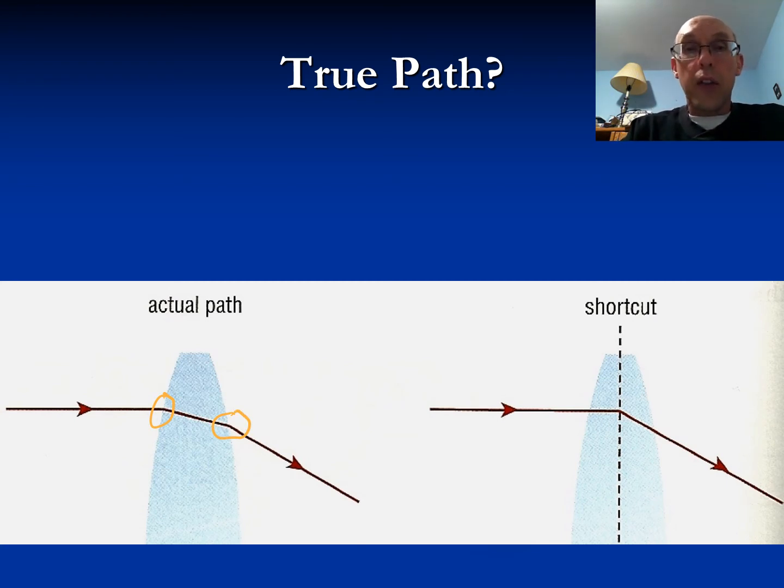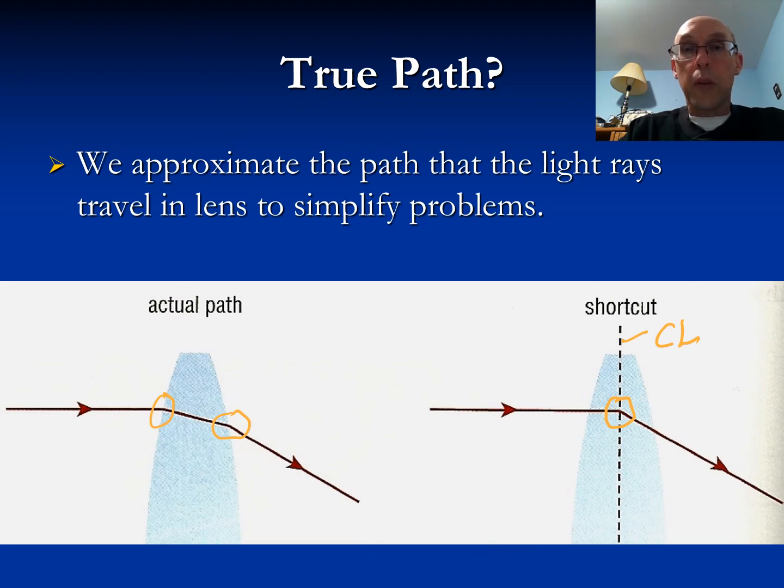What we find is that we can approximate the two of them put together as one point if we approximate it on that center line. We approximate the path that the light ray will travel in the lens to simplify the problems. So instead of drawing two bends, which is the actual path, we just draw one. Let's see how this looks in a real lens.